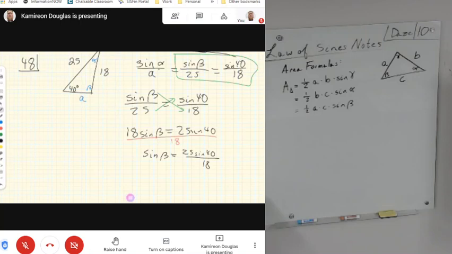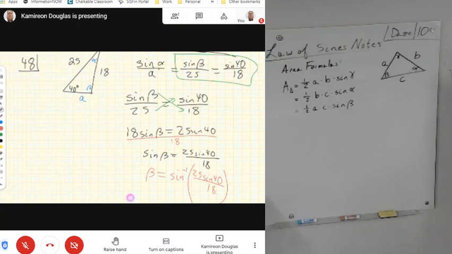So I will use an inverse to find my solution. Let's see what that means. So I use an inverse. That means that I will get beta by itself. But on the other side, instead of doing sine, we will do sine inverse of this big fraction, 25 sine of 40 over 18.